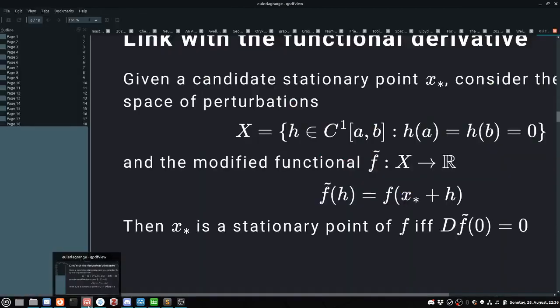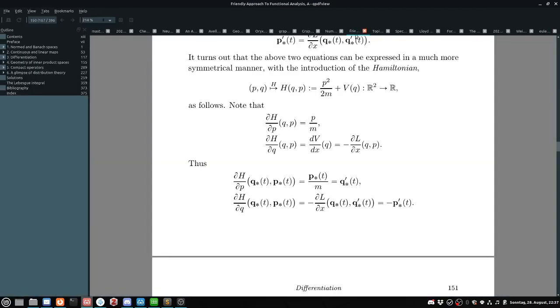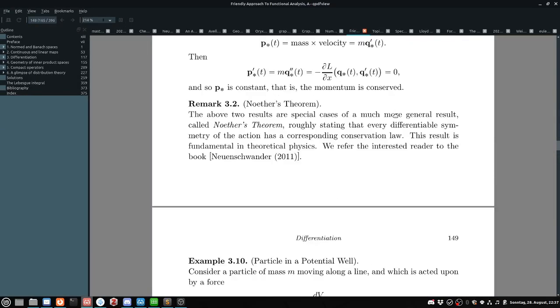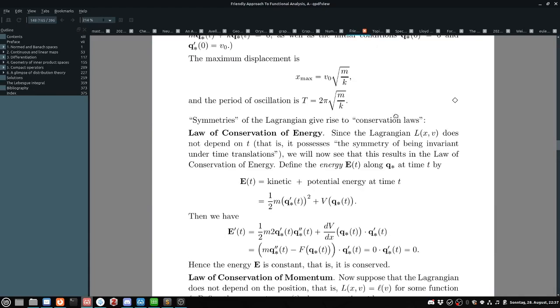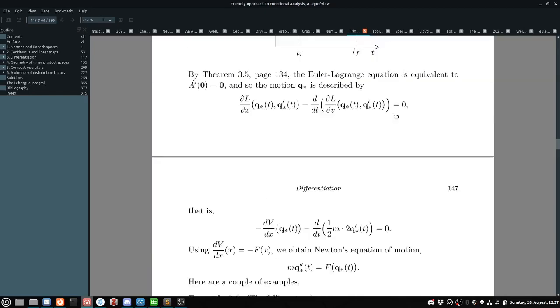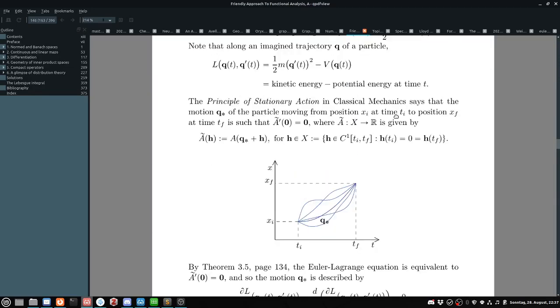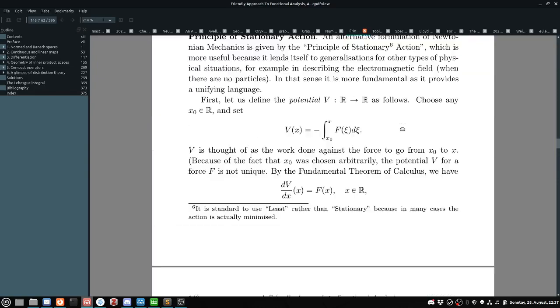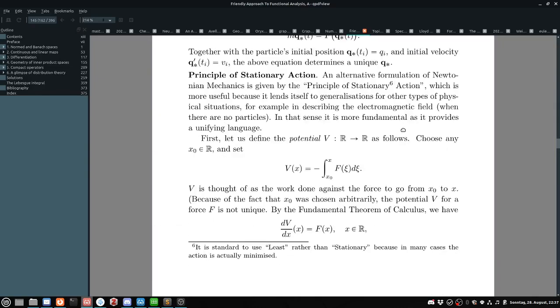Correct. So I was thinking, if the Euler-Lagrange equation is just a first order characterization of a stationary point, then how does it address the saddle point problem? That's definitely a pertinent question. In practice you don't really know if you have a saddle point or not.